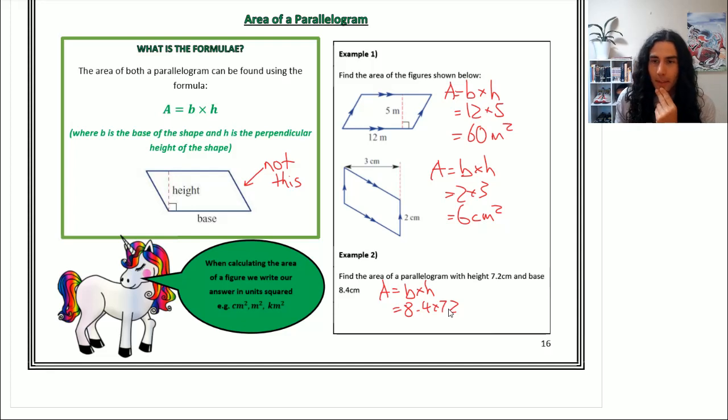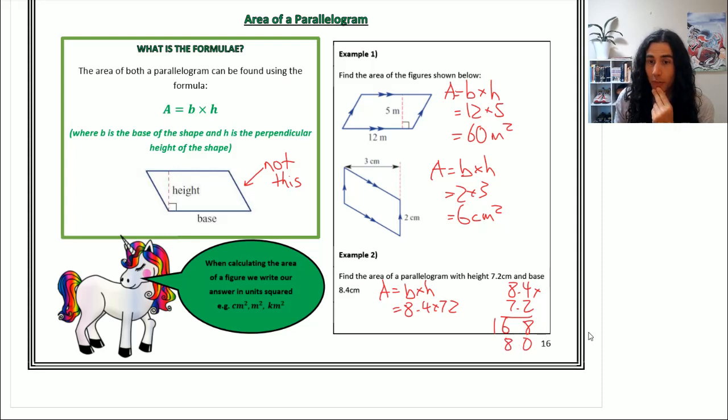So 8.4 times 7.2. 8, I think, and then 1, 6. Put in the 0. 7.4. No decimal points. That's addition and subtraction. 7.4, 28.